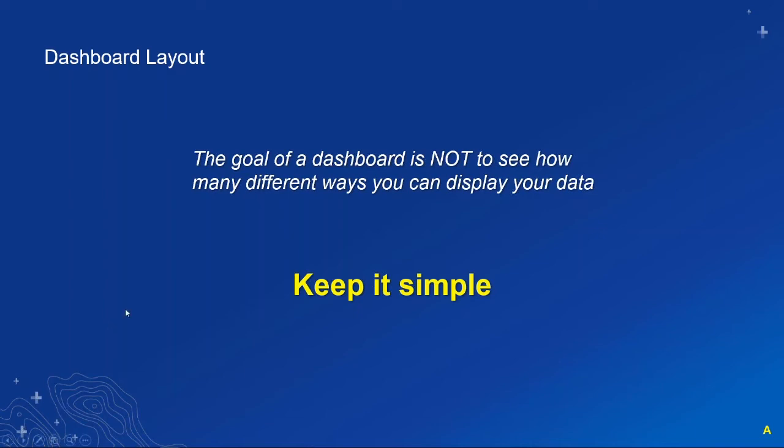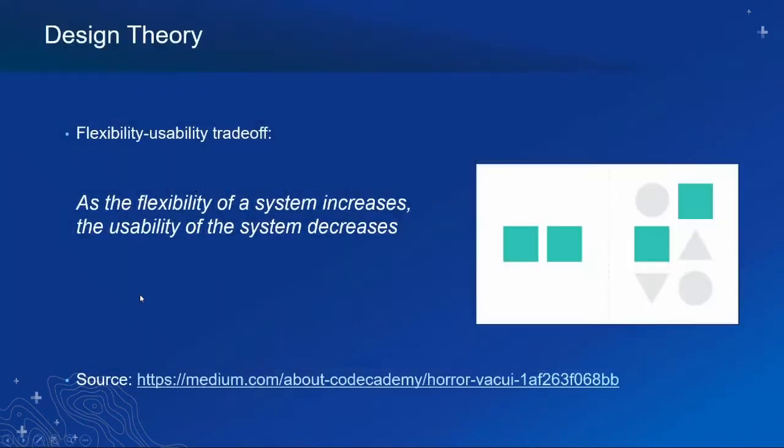And there's a couple of design theory elements that support this idea. One is the flexibility usability trade-off. If you think about it, the more flexibility, the more controls, and the more actions that the dashboard can do, the more prepared that your user needs to be. So this pile of options can and will overwhelm a user, making the system essentially less usable while it can do more things.